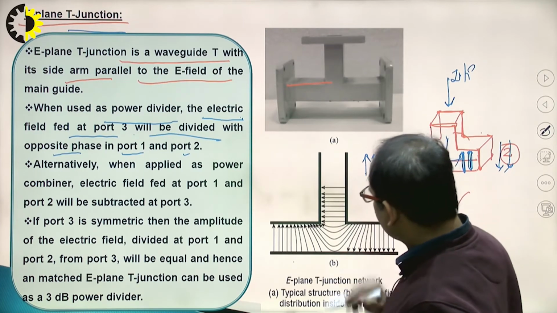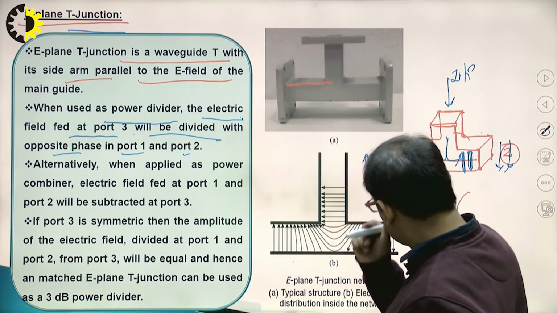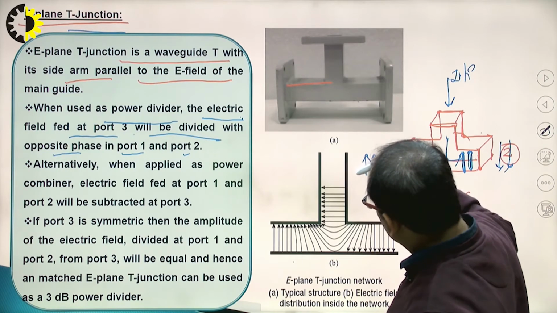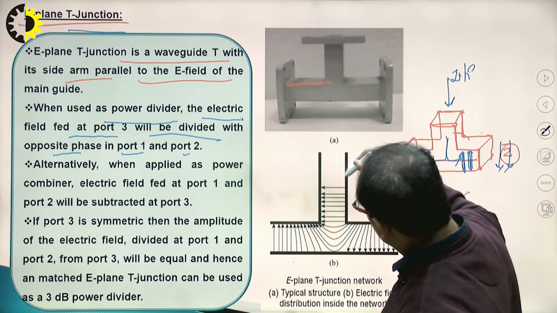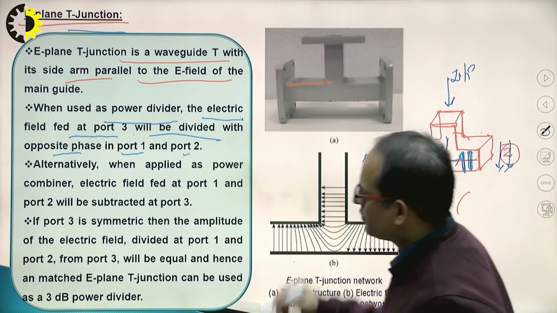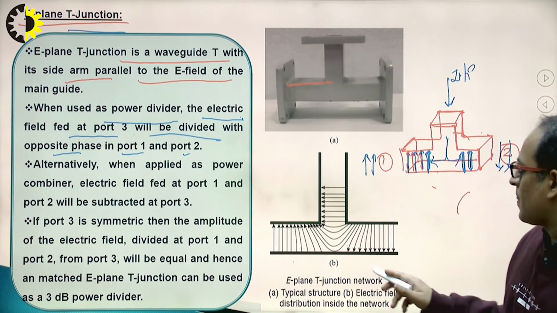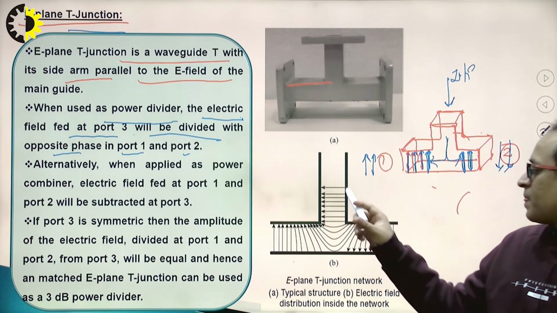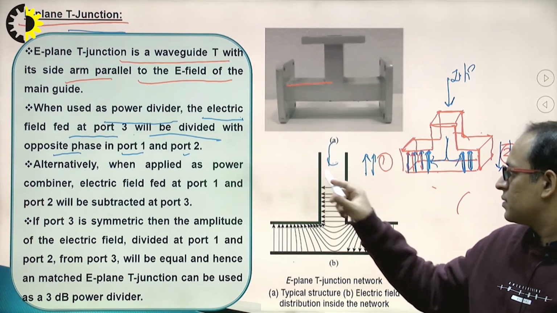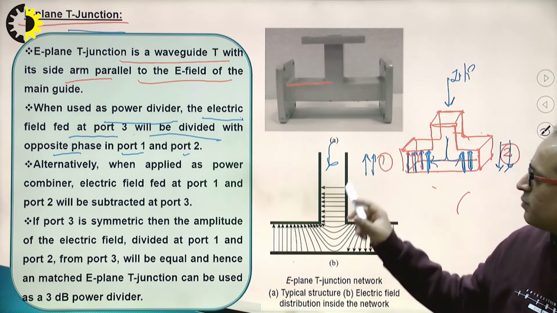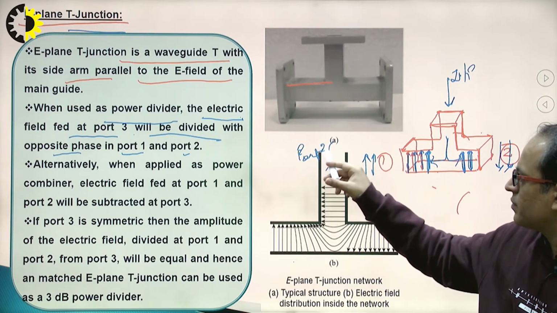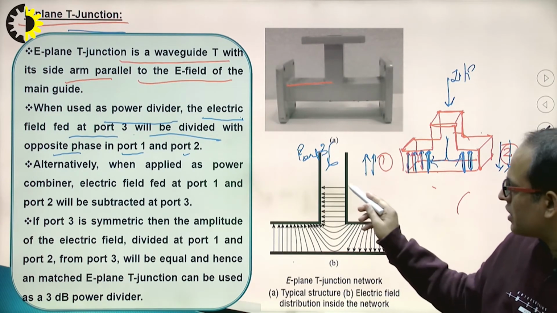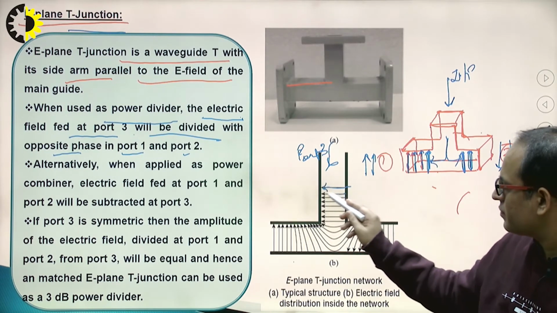Now see from this one also. Let's say this is port number 3, which acts as an input port. The electric field is in this direction.